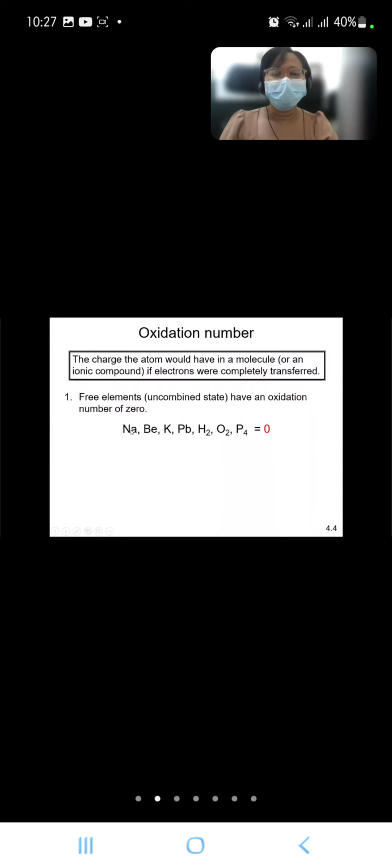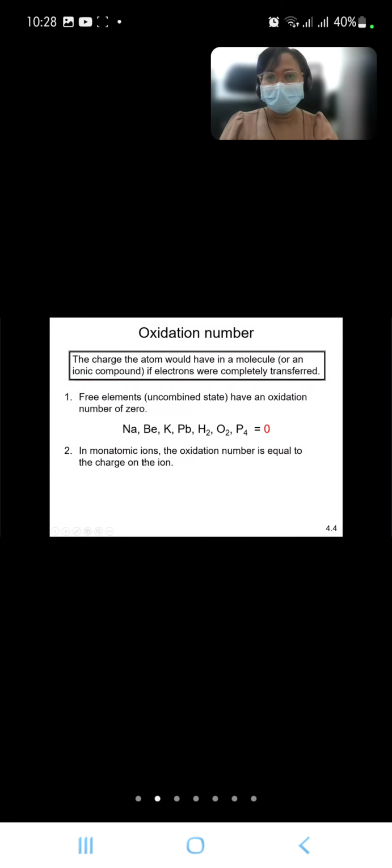Okay, so let's continue. For free elements, they have an oxidation number of 0. So what are free elements? These are elements in the uncombined state, meaning they do not bond with other atoms. Okay, like for example, sodium, beryllium, potassium, lead, hydrogen gas, oxygen gas, white phosphorus or P4. If they do not bond with other atoms, their charge or their oxidation number is equal to 0.